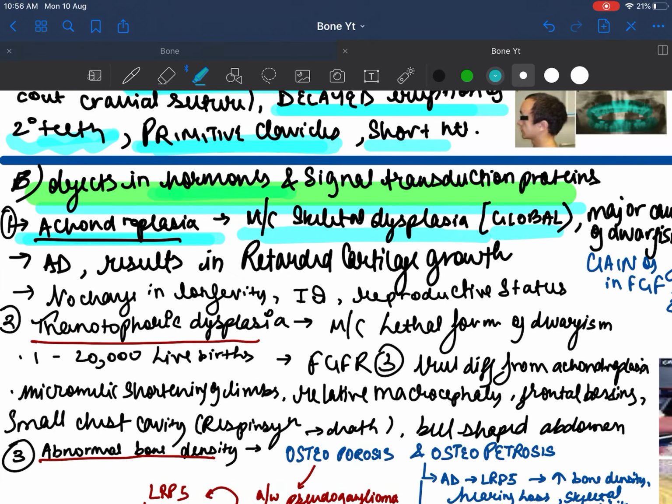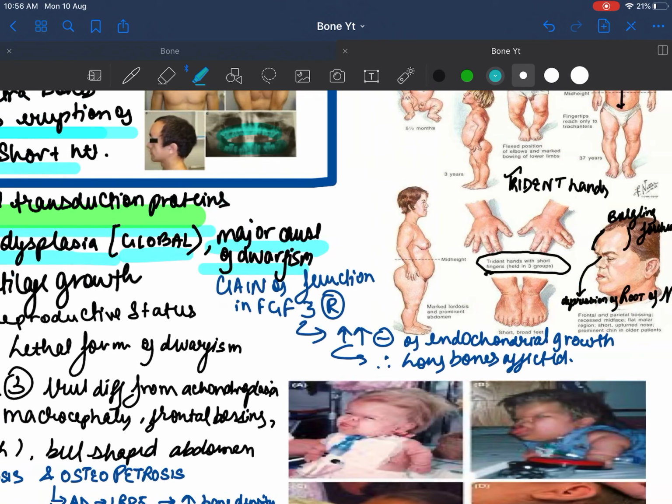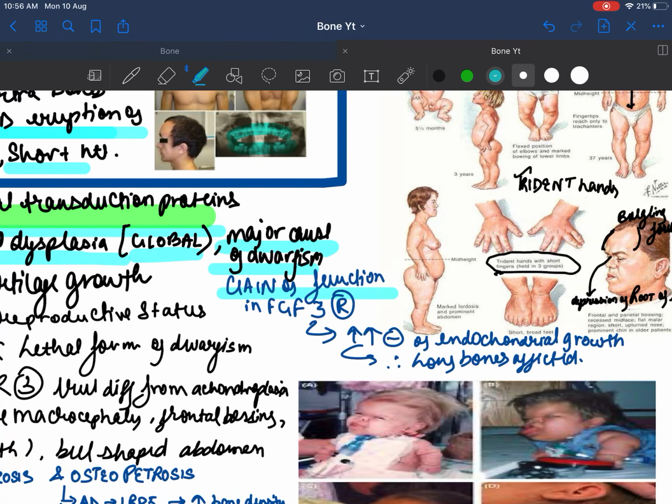Achondroplasia is a skeletal dysplasia, the most common skeletal dysplasia, and a major cause of dwarfism. So what is the problem here? There is a gain of function mutation in the FGF3 receptor. We have discussed earlier that the FGF3 receptor leads to inhibition of osteoblast proliferation.